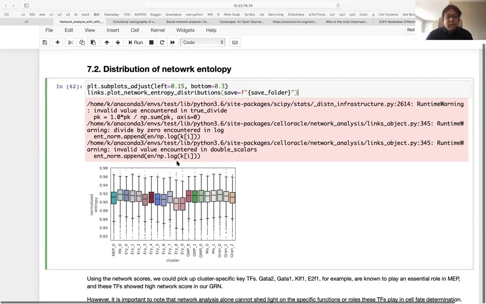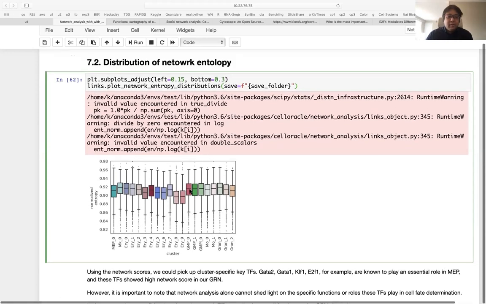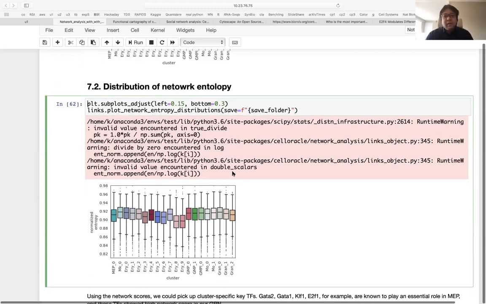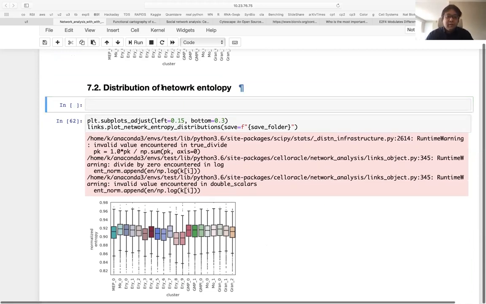So in brief, your GRN will have a small network entropy score in the differentiated cluster, and you will see a high network entropy structure in the stem or progenitor, less differentiated cluster, I guess. So anyway, if you want to know the detail of network entropy, you can Google network entropy in biology.